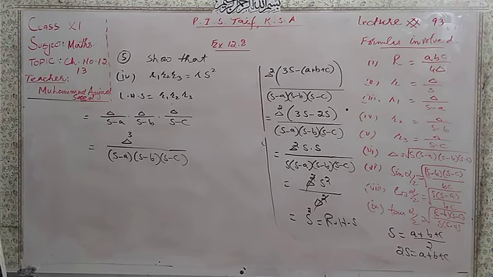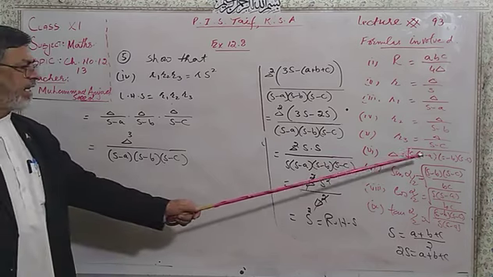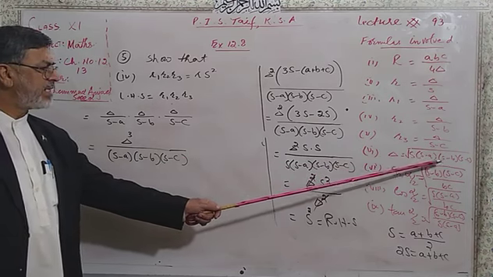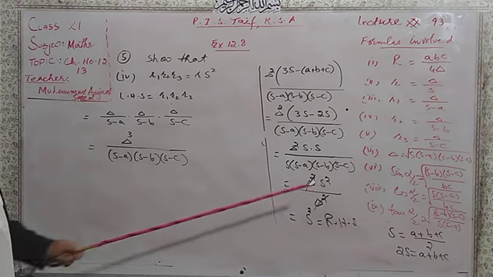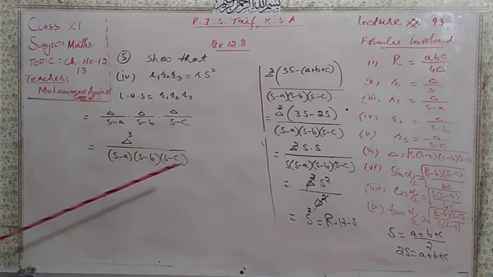Now you can see what is missing in the denominator. Again we are coming here. S minus A, S minus B, S minus C are given. So S is missing here in the denominator.